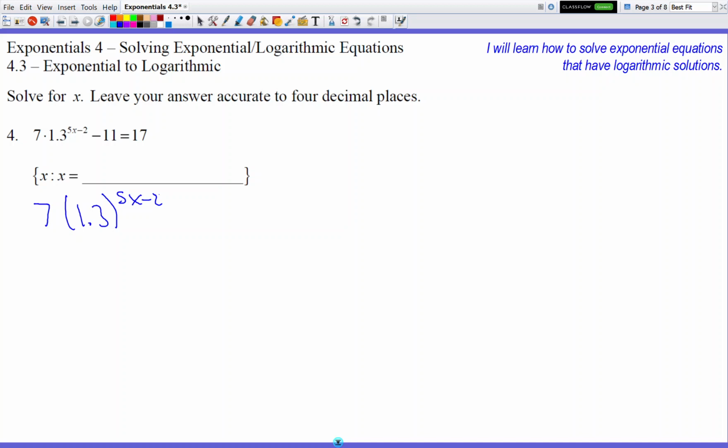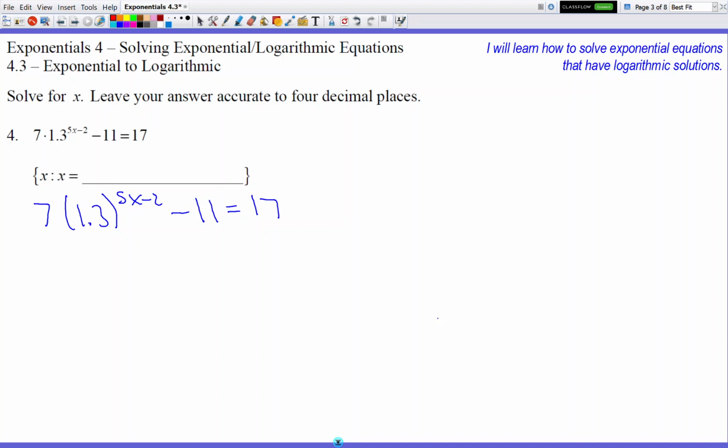And once again, you're going to say, does it matter where I put the 5x minus 2? You can put it outside, you can put it inside. It doesn't matter, because the only thing that 5x minus 2 is controlling is the 1.3. It's not controlling the 7. So please don't make the 7 be affected by the 5x minus 2 power. If you do that, then you're going to make a big mistake. So let's take away this negative 11 and the 7.